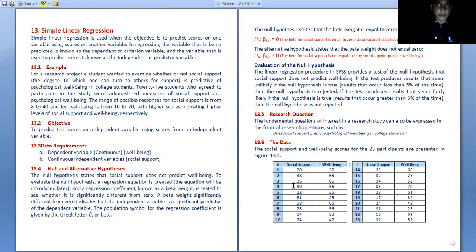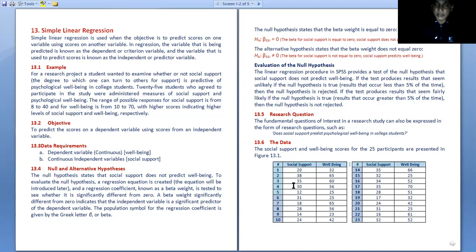We can have an example here today. The example is about 25 students who have been given a questionnaire having two variables. One variable is social support, how they can turn to their colleagues, friends, parents for support, and the second is their psychological well-being.